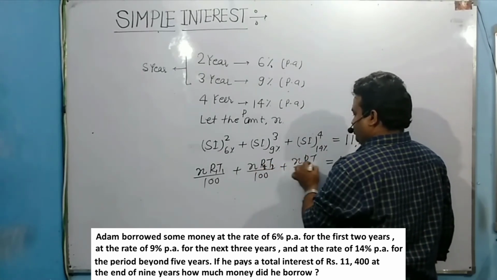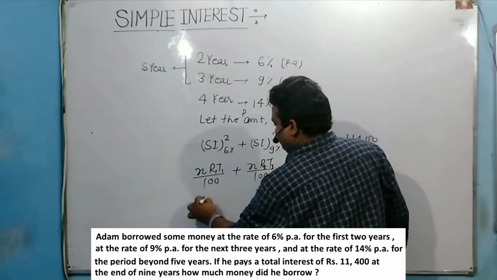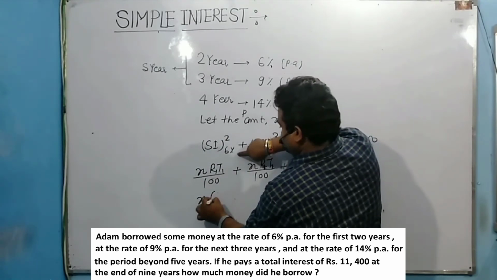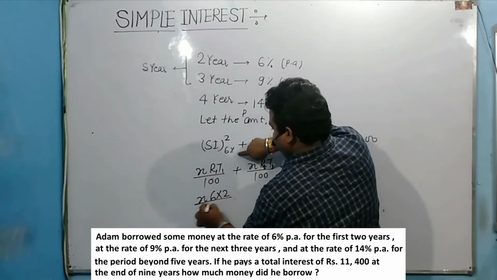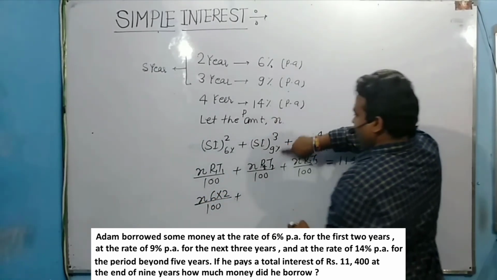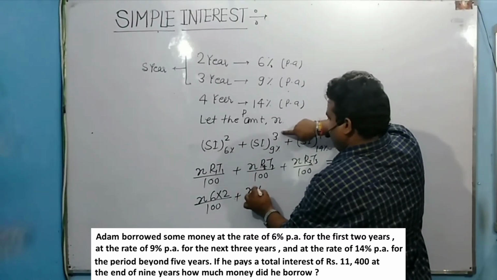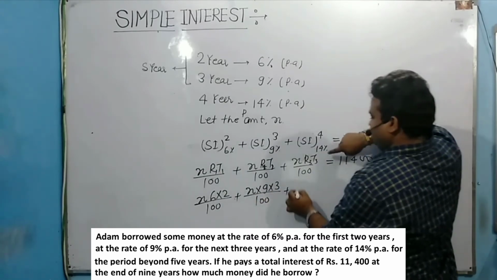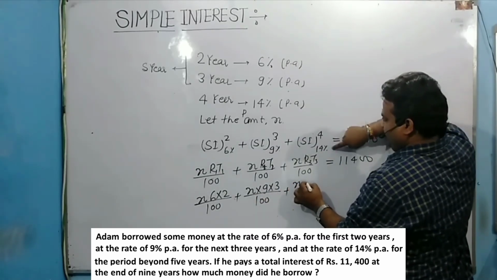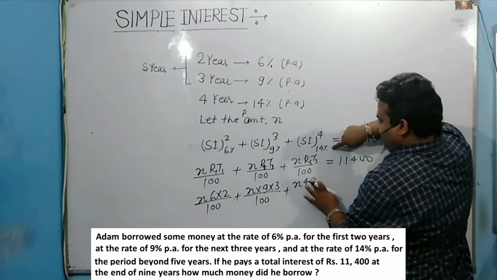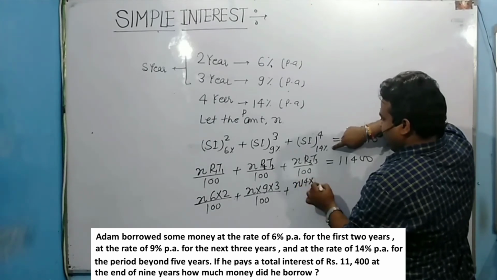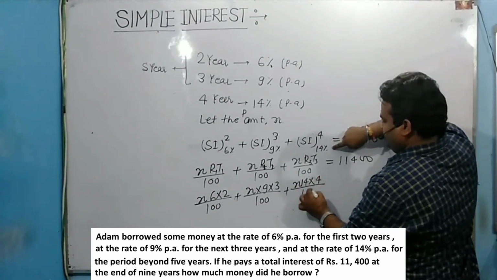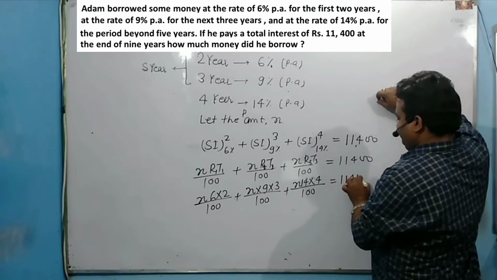Okay, what is my R1 value? 6%. T value for 2 years divided by 100. In this question, what is my R? R is 9%, time is 3 years, 100. Plus in this question, x, R is how much? 14%, and t is how much, 4 here, is equal to 11,400.